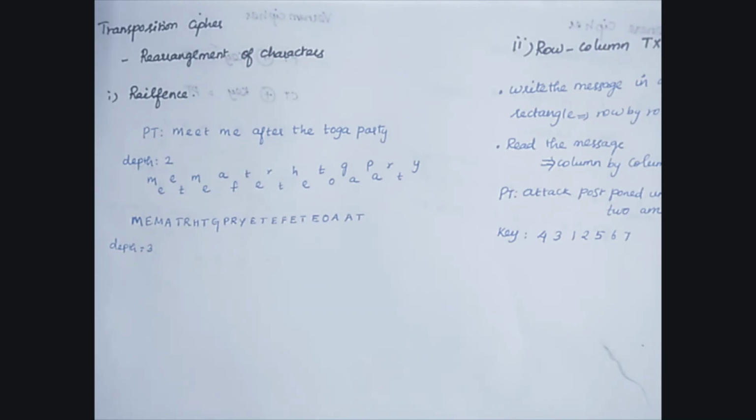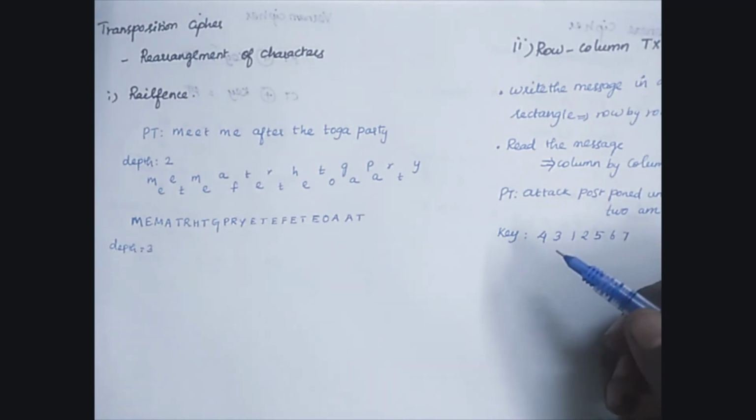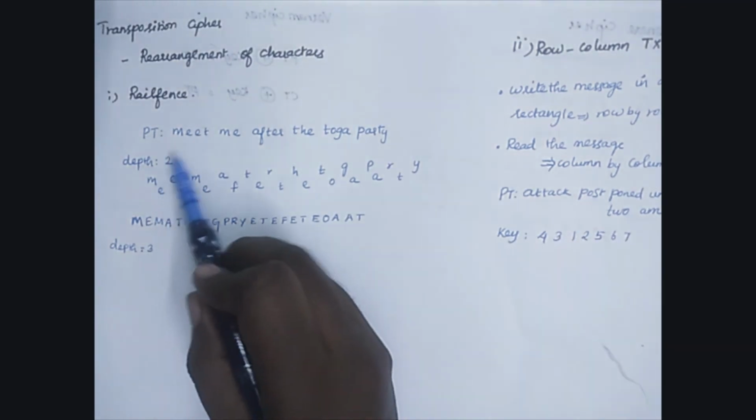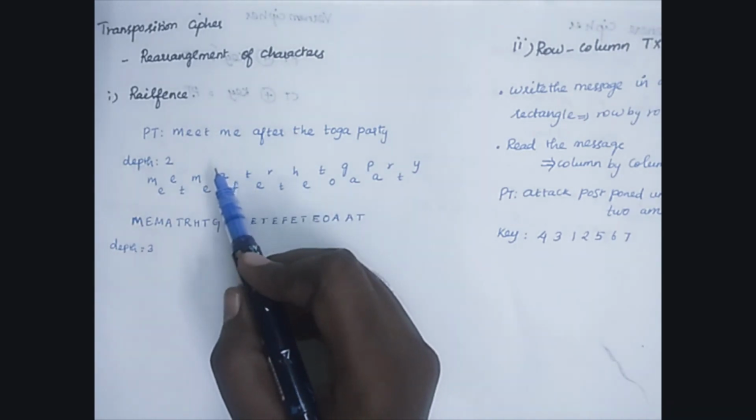There are two types in transposition cipher. One example is rail fence. Let's see. Here the plaintext is given as meet me after the toga party, and the depth value is given in the problem. If the depth value is 2, we just write the plaintext in zigzag manner.